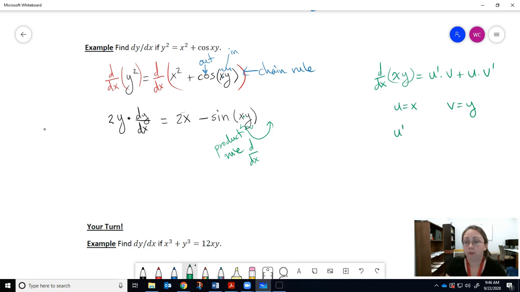So then the derivative of x with respect to x, what is that? 1. Be careful, the derivative of y with respect to x, well, that's your dy/dx. Product rule, we multiply 1 times y, x times dy/dx. So we end up with y plus x times dy/dx.